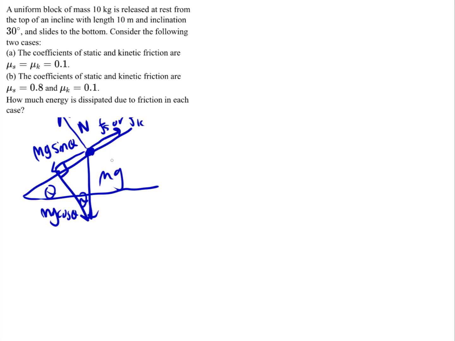So first we need to figure out whether the block is moving or not. So let's say that the block is stationary. So pretend that the block is stationary for this case. If it is stationary, then only the static friction force is acting. The kinetic friction force only starts when the block actually starts sliding down.